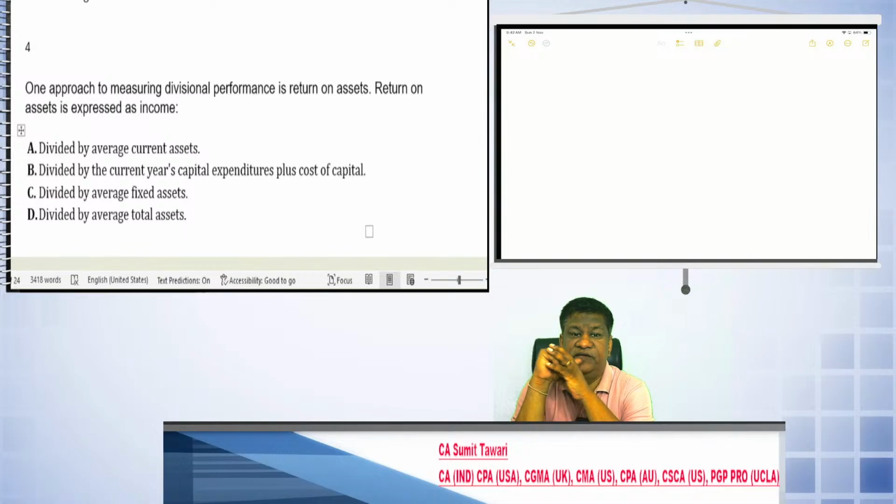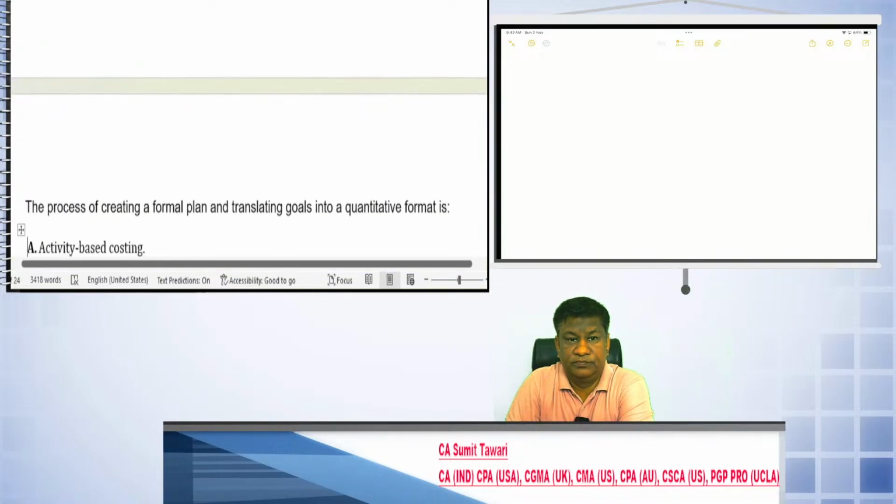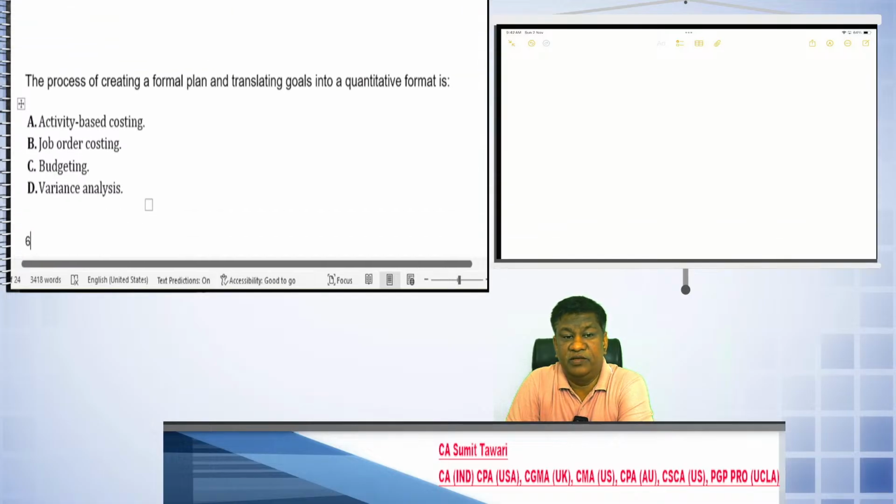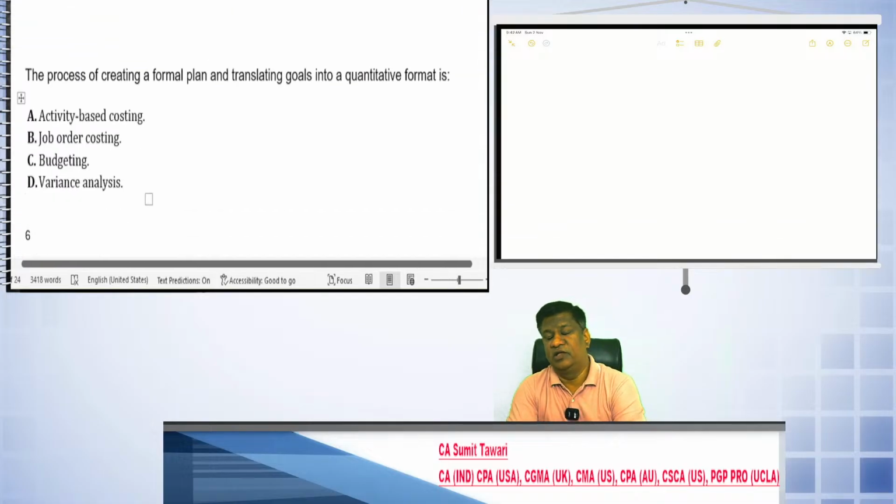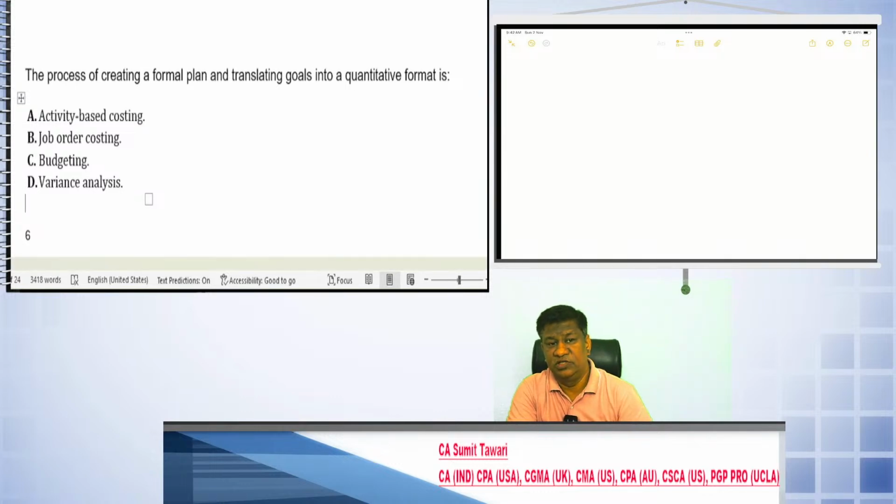D. Yeah, divide by average total assets. We need to take the average because whenever we are calculating a ratio where one element is from the profit and loss account, we need to take the average for the balance sheet number. Question number five.